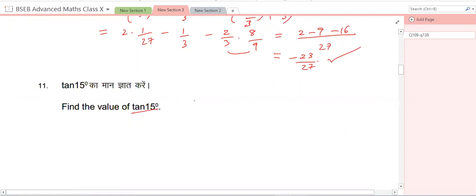We can use 45 degrees minus 30 degrees to get 15 degrees. So what we can say is tan of 45 degrees minus 30 degrees is equal to. So we need to know what's the expansion for tan, 45 minus 30 degrees.